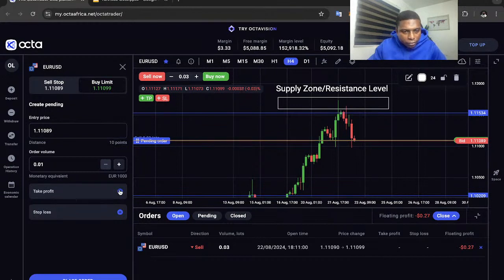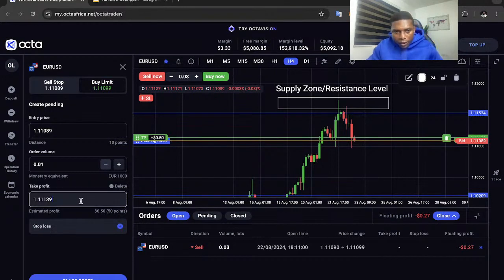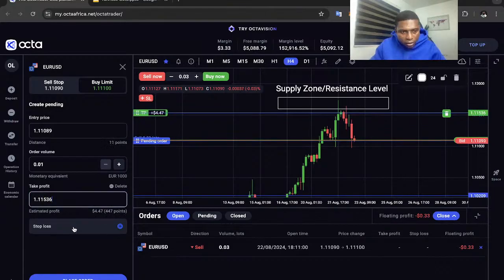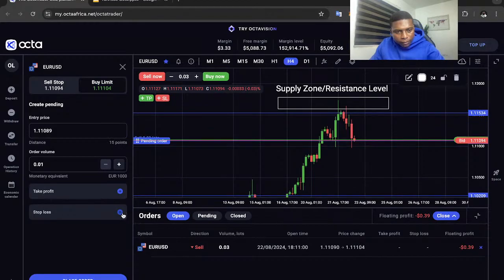Then you try and set your take profit and stop loss. Okay, so here now, I want to set my stop loss. No wait, I'm selling, so my stop loss, this is my stop loss.